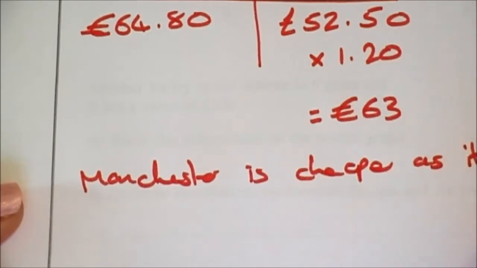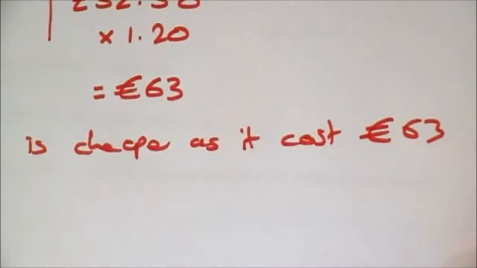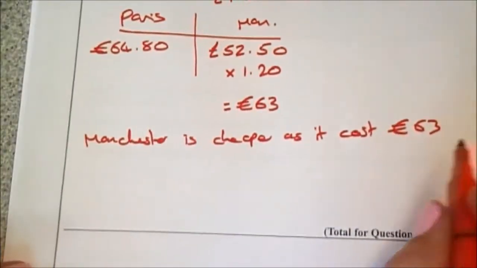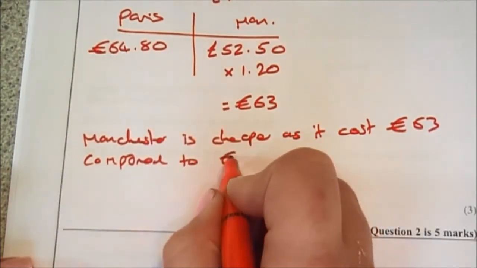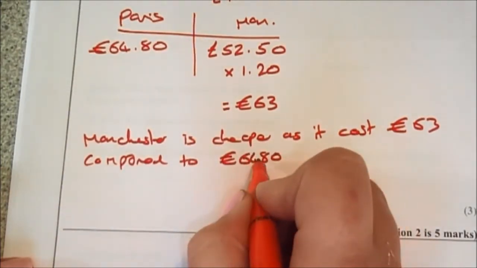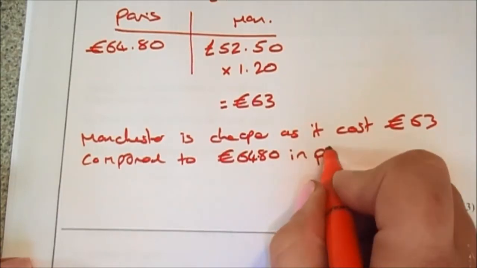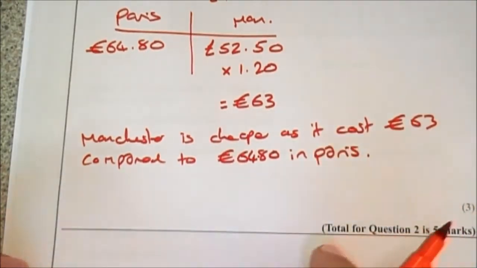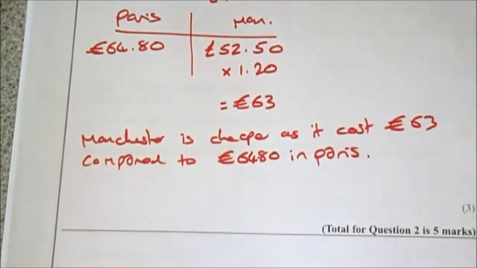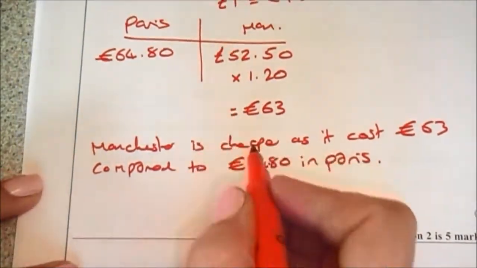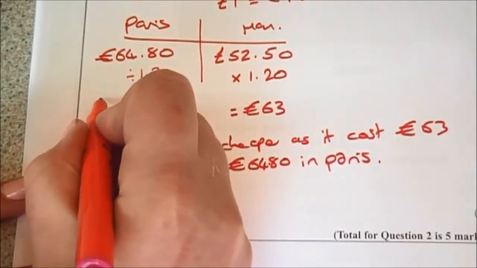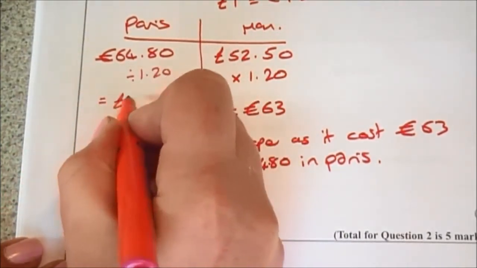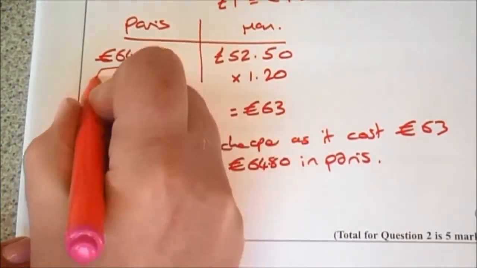as it costs €63 compared to €64.80 in Paris. Now, if you did decide to convert from euros into pounds, all you would do there is divide by the 1.20, and that would give you a price of £54.